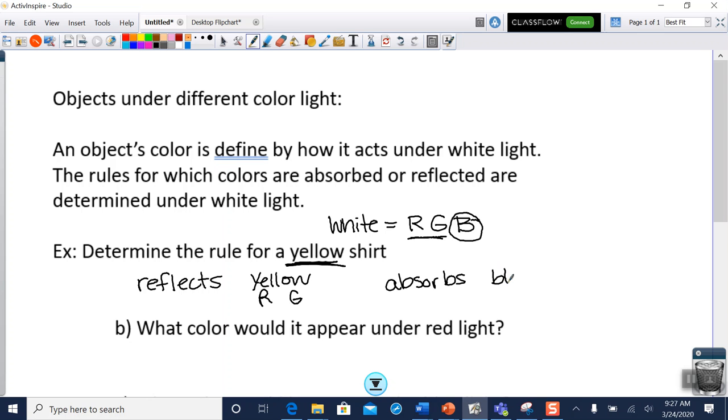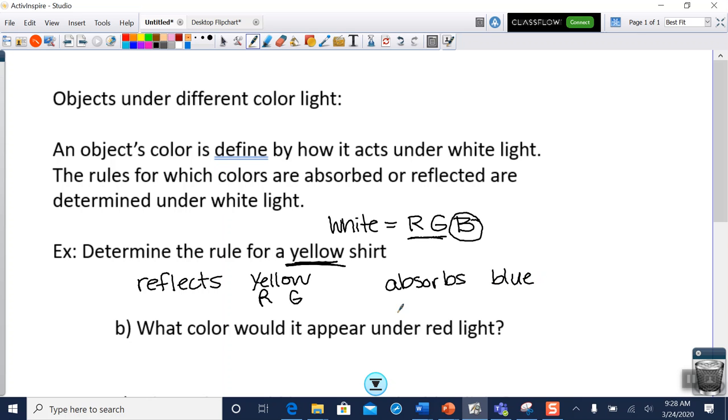So it absorbs blue. This tells us what the pigment in that shirt does. If red light is present, it reflects it. If green light is present, it reflects it. If blue light is present, it absorbs it. That is what the dye used to produce that shirt does with those three primary colors of light. And that's all we need to know to be able to answer the remaining questions.